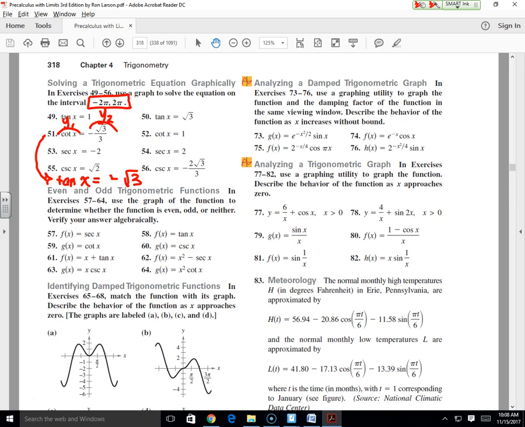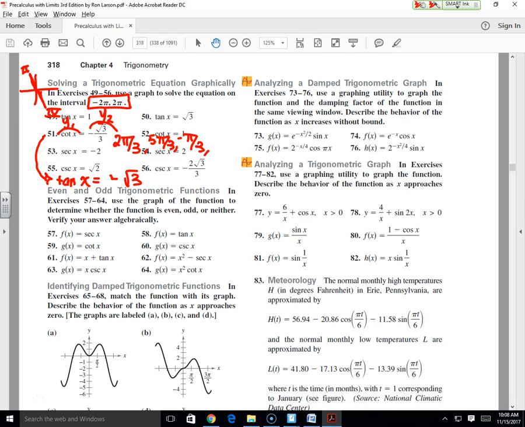So we can think of our unit circle: tangent is negative in quadrant 2 and quadrant 4. Tangent is root 3 at pi over 3. So we take the pi over 3 angle in the second quadrant, which would be 2 pi over 3. We take the pi over 3 in the fourth quadrant, which would be 5 pi over 3. We could also get there by going negative pi over 3.